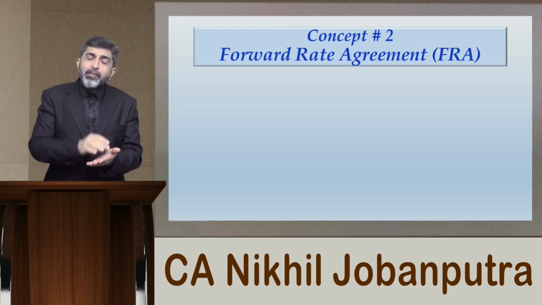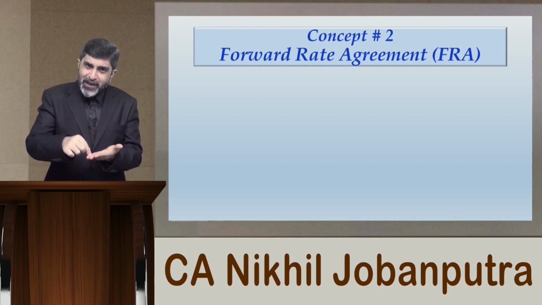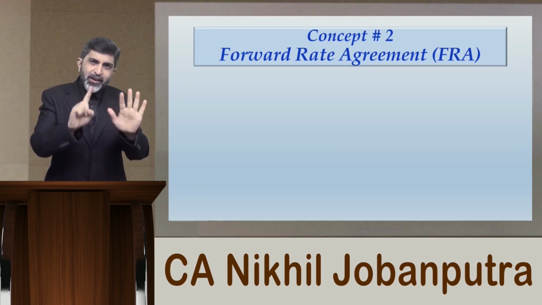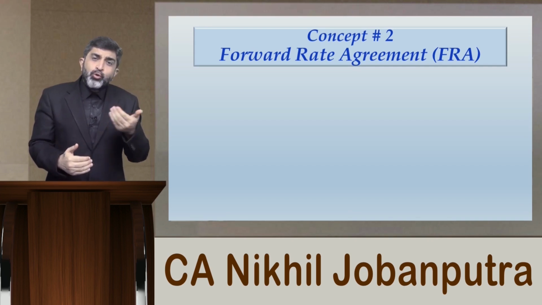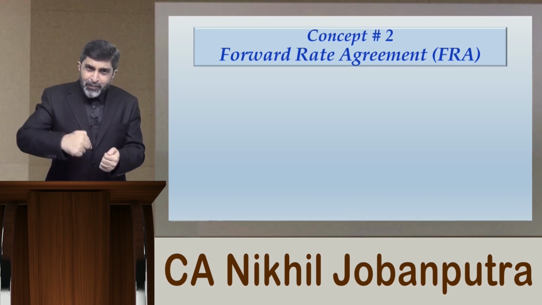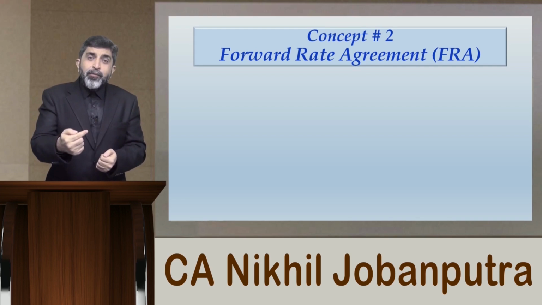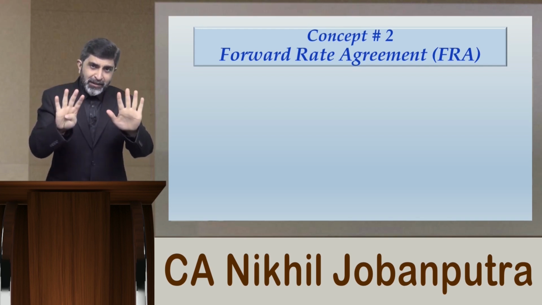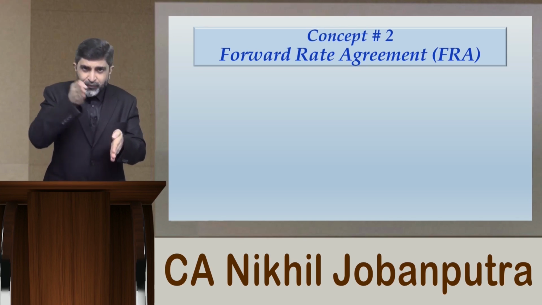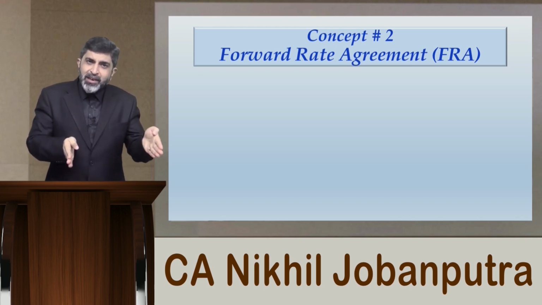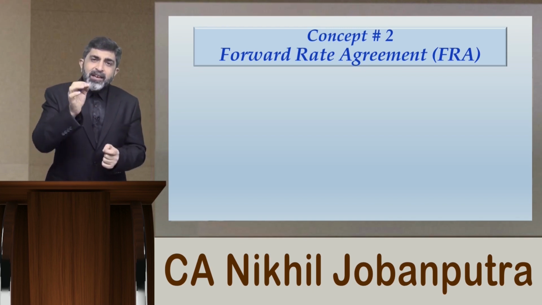So how would you interpret 3/9 FRA? I will borrow after 3 months for a period of 6 months. So how would you interpret 3/12 FRA? That I will borrow after 3 months for a period of 9 months. Why? Because borrowings will initiate after 3 months from now and borrowings will terminate after 12 months from now. So the borrowing period will be 9 months.